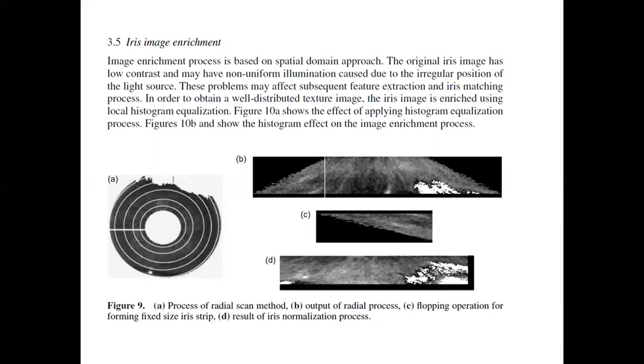The original iris image has low contrast and may have non-uniform illumination caused by the irregular position of the light source. These problems may affect subsequent feature extraction and the iris matching process. Mainly the lighting problem occurs in the iris image.